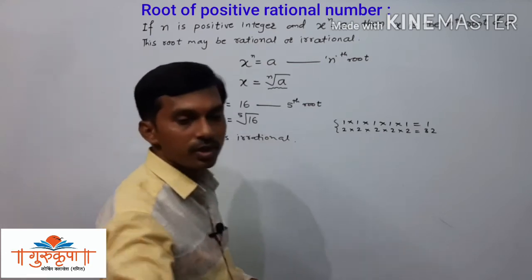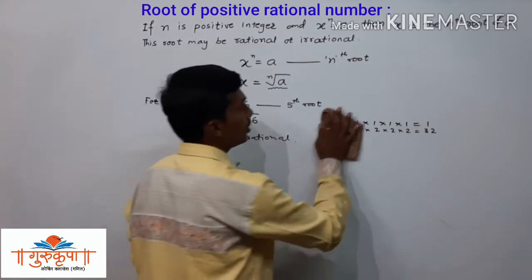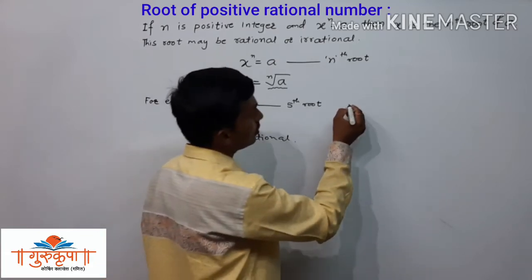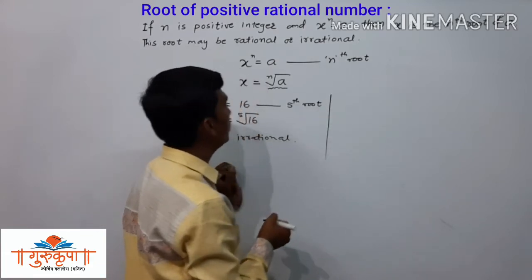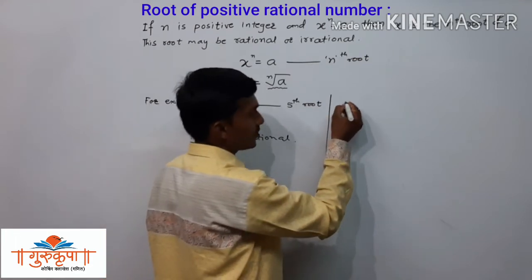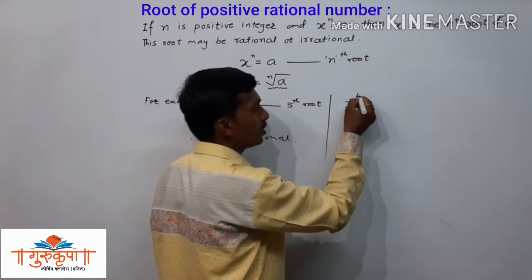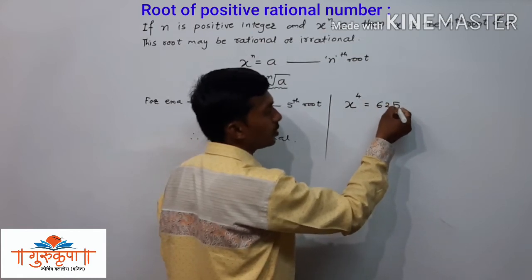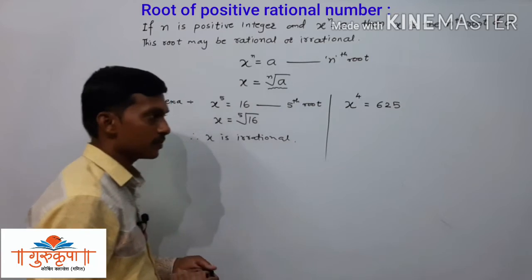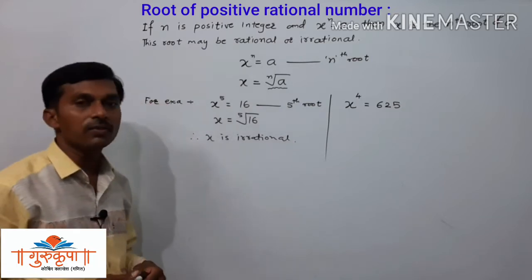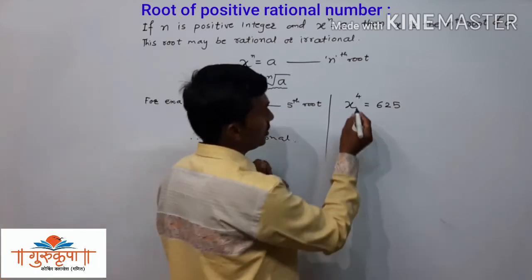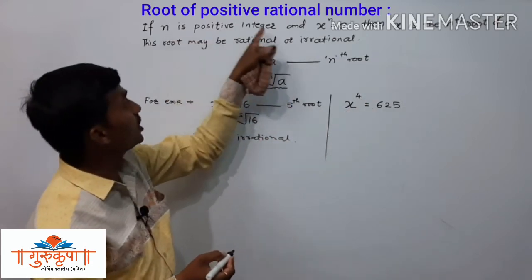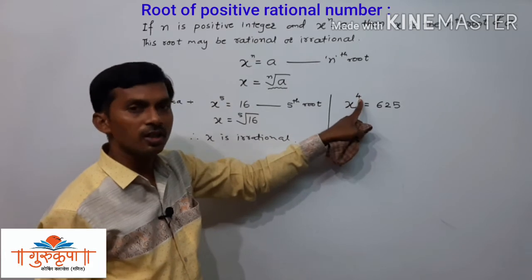Now we will take one more example. The second example we will take here is x to the power 4 is equal to 625. Here in place of n we have 4, that is a positive integer.